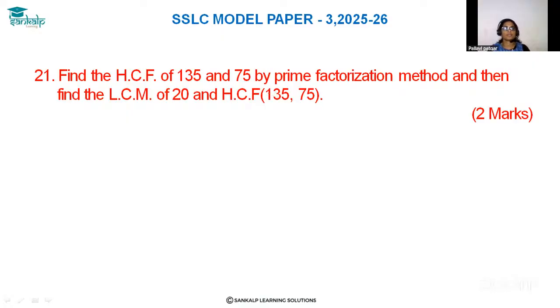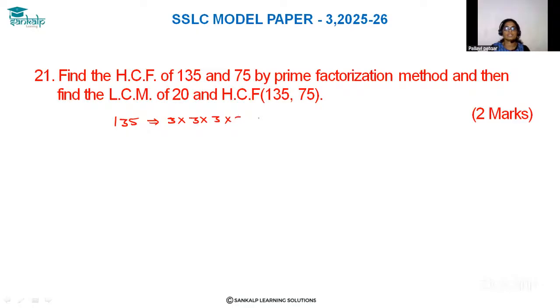So here the prime factorization of 135 is 3 into 3 into 3. 3 threes are 9, 9 threes are 27, into 5.